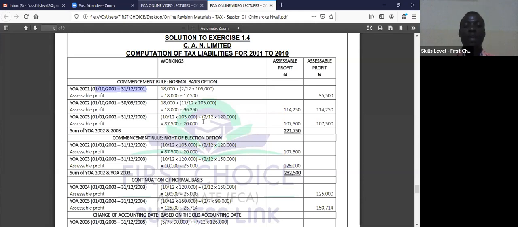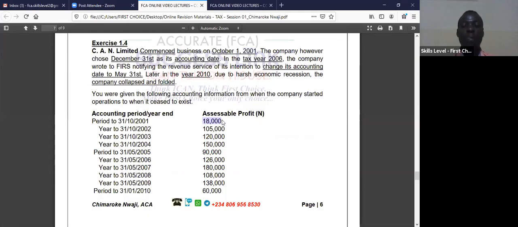Now, here is 1 month figure. Where do we get the remaining 2 months? We get the remaining 2 months from here, 2 months over 12. So this is from November 2001 to October 2002.